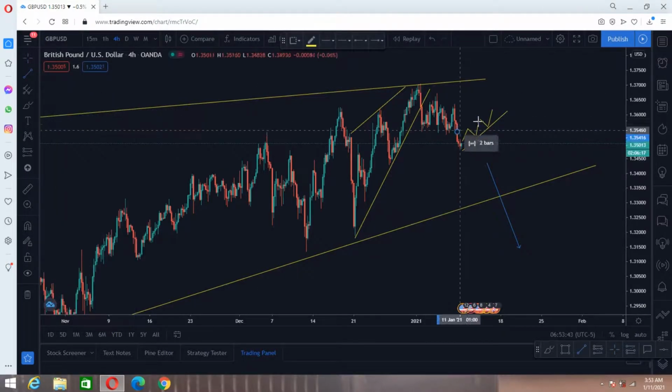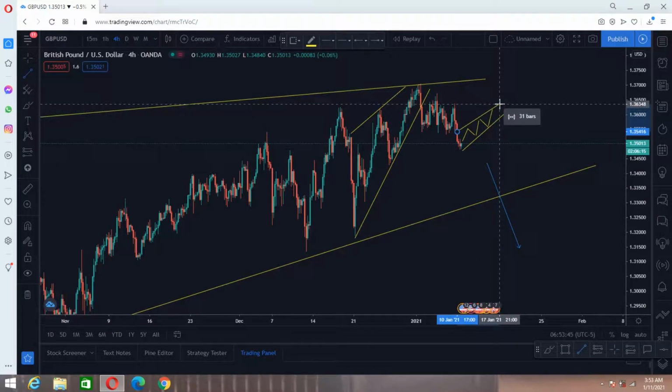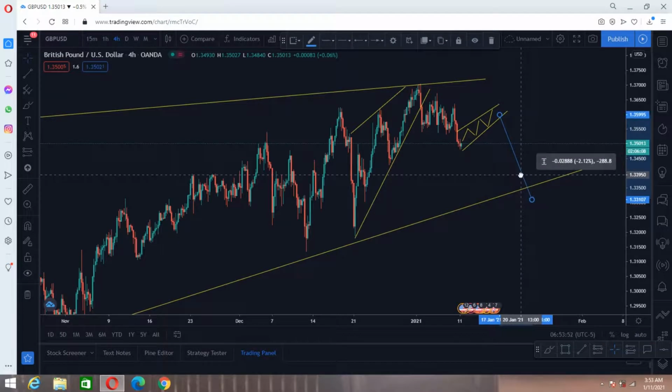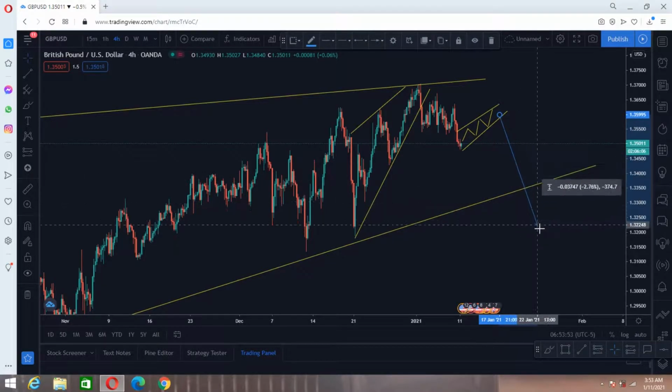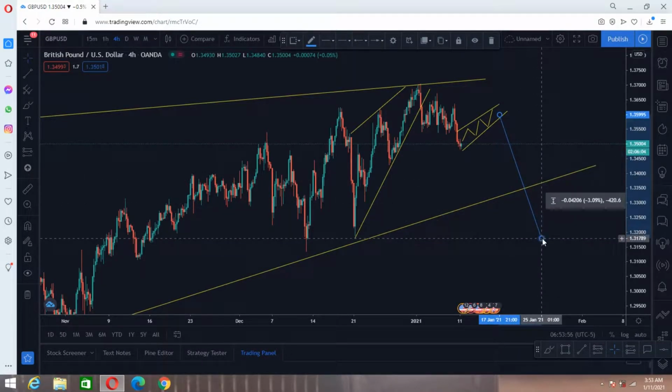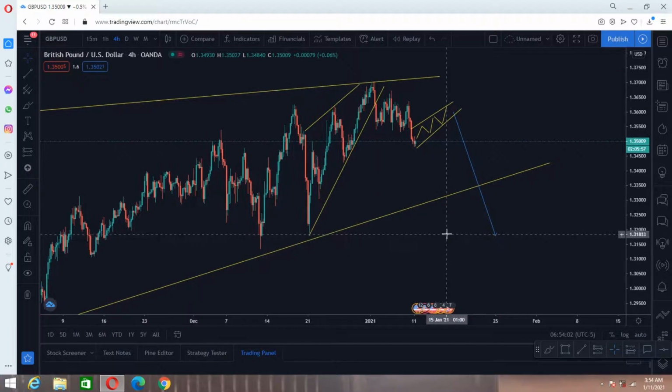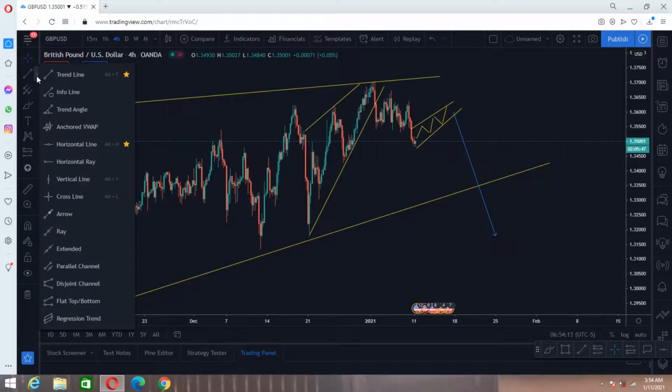This is what I'll be expecting. In order for me to go inside this trade, I will have to wait for a reversal pattern, then I will enter my trade, and my target is going to be here. So as you will see, if it moves the way I am thinking, I might be wrong, guys. Don't forget that I might be wrong. What it might do after it breaks, normally here, that's when it will go for a retest.